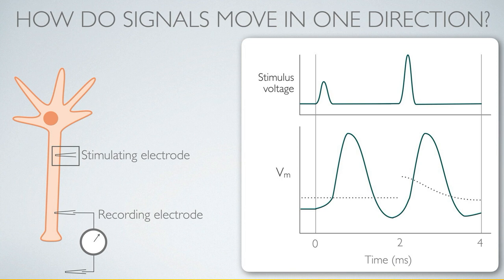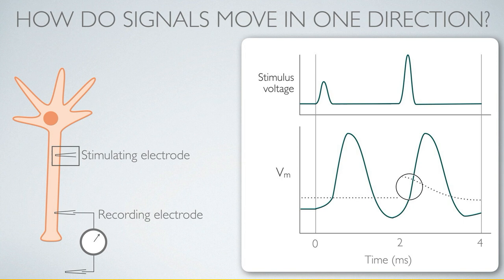All right, so it is possible to get two back-to-back action potentials, but the stimulus that was just sufficient to create the first action potential is insufficient to trigger the second one. Instead, the second one has to be stronger. Okay, now if it's strong enough, we end up getting an identical action potential.